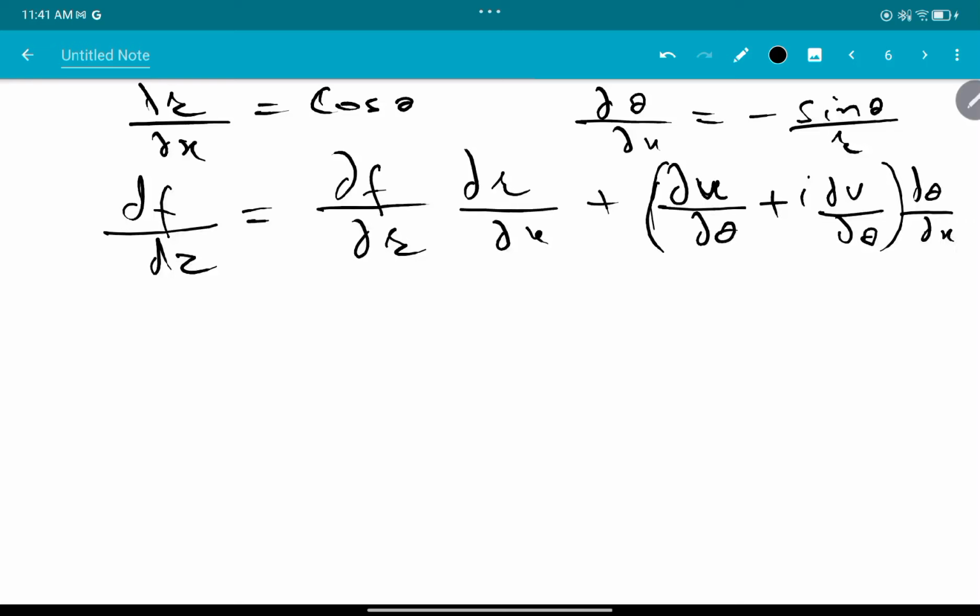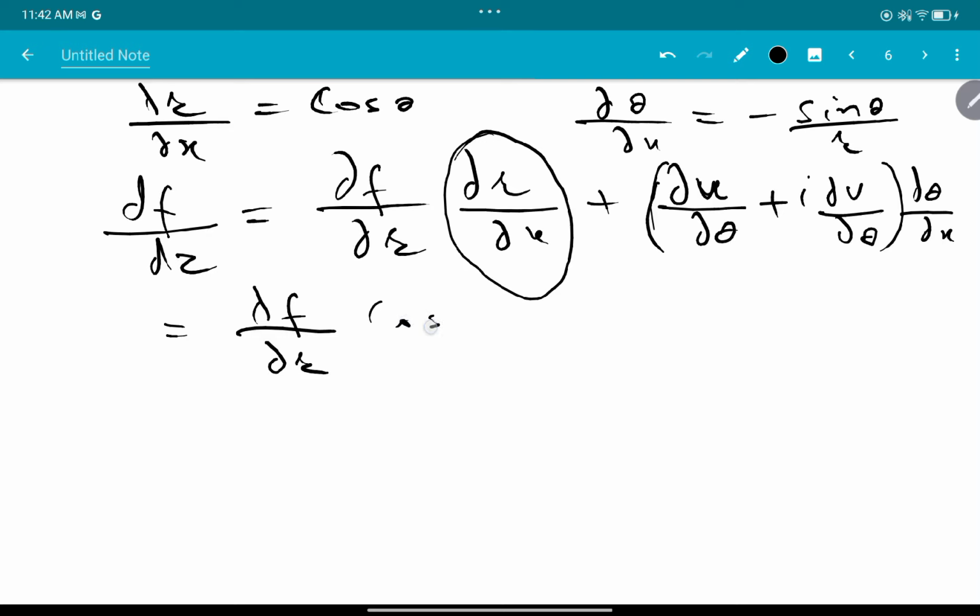Now I can substitute these values here. Just retain this del f by del r as it is, and then write del r by del x in its place, that is cos theta, plus now del u by del theta, keep them as they are. Something is going to happen to them. Let us see.